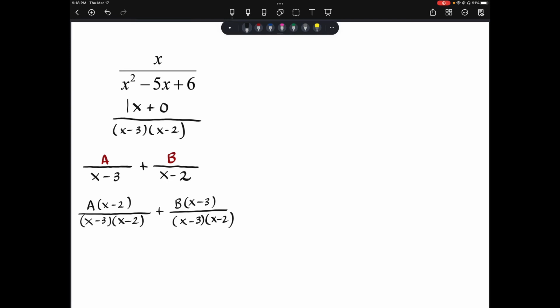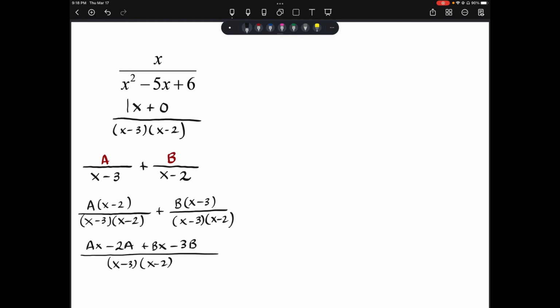And again, I'm going to simplify my numerators as I rewrite it as one fraction. This would be ax minus 2a plus bx minus 3b all over x minus 3 times x minus 2.